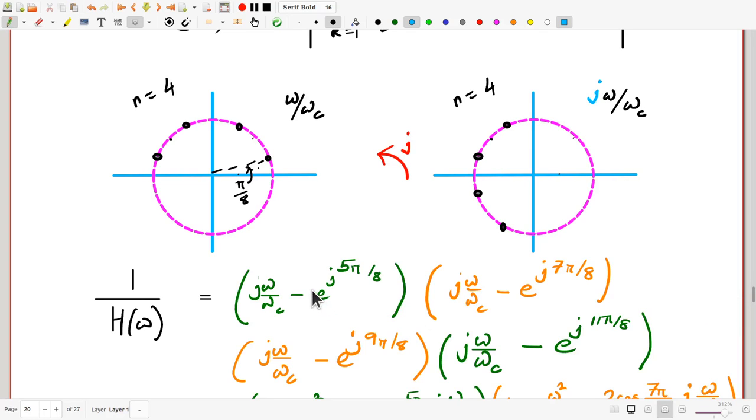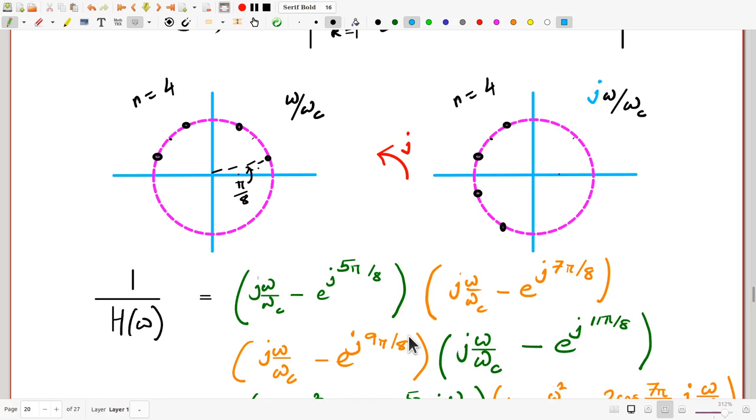The reason why I've written the middle two factors in orange and the extreme factors in green is simple. If you look at the two phase angles here, 5 pi by 8 and 11 pi by 8, they add up to 2 pi. So do 7 pi by 8 and 9 pi by 8. It should be easy to convince yourselves that that happens in general for any arbitrary n.